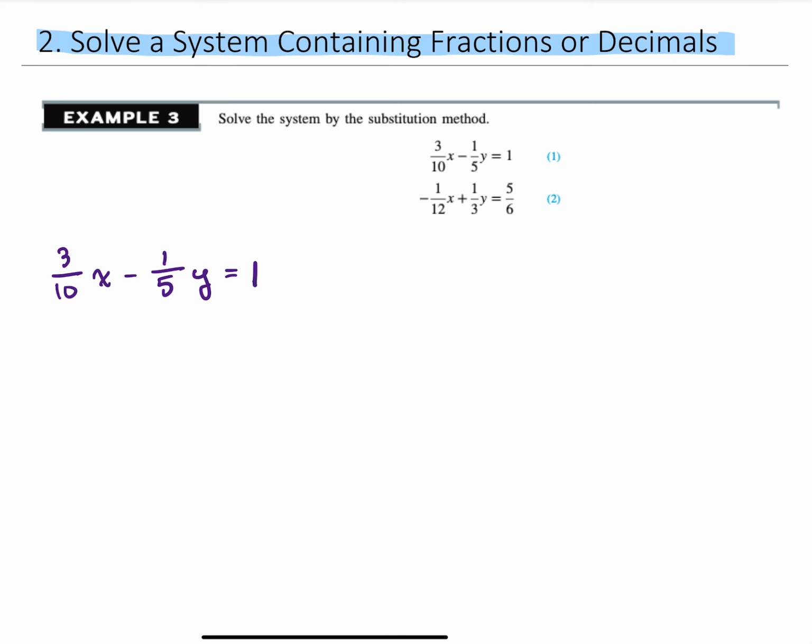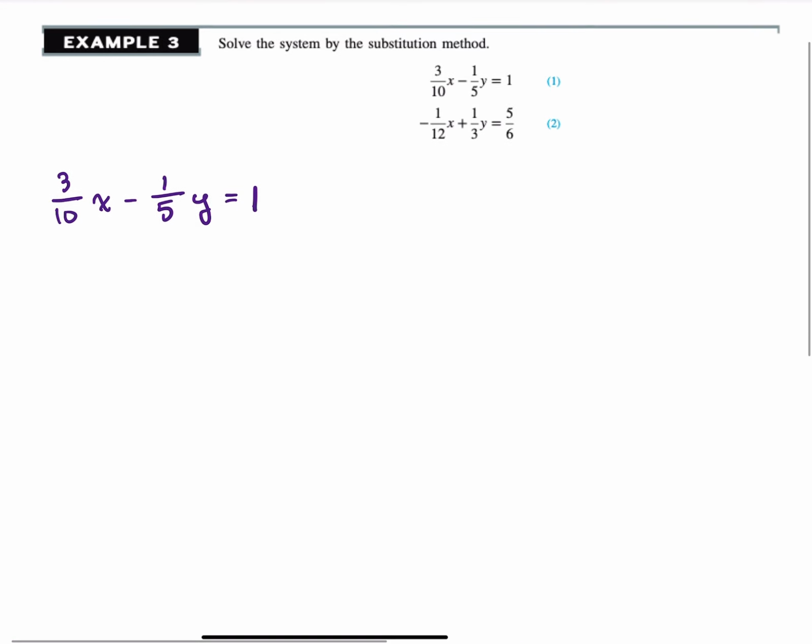Now we can go through that same process just working with the fractions, using properties and rules of fractions. But we've learned previously in solving equations that we can multiply by the common denominator, and that will clear out all of the fractions. So let's do that. That'll make things a little bit easier on us.